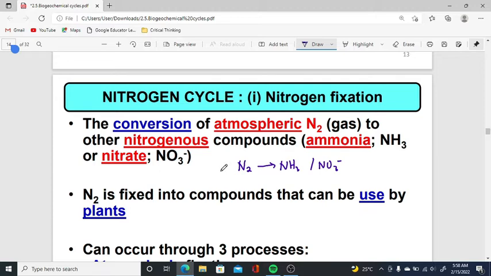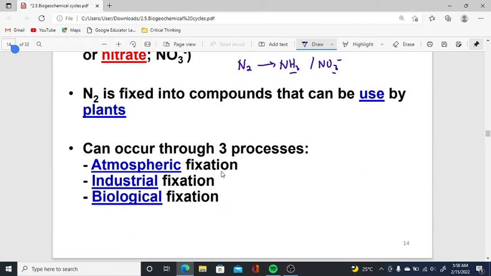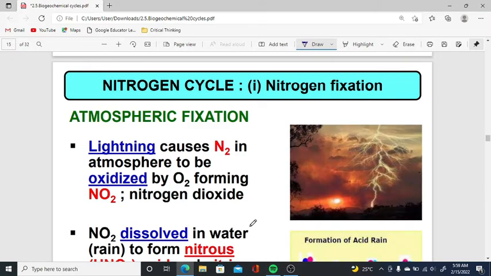So dua benda ni, ammonia dengan nitrate, can be used by plant. So there are 3 processes. So first is atmospheric fixation, second is industrial fixation, third is biological fixation. Okay, so first look at the atmospheric fixation.